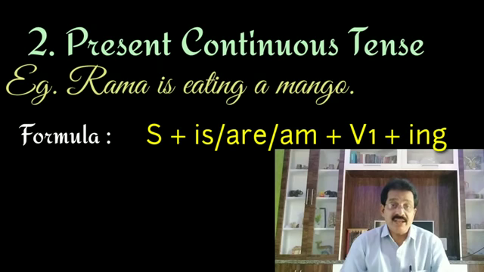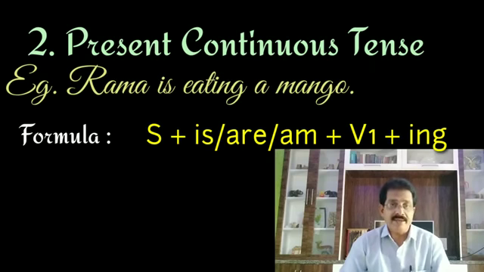Now, is it the only auxiliary verb that can be used in present continuous tense? It depends on the subject. So in present continuous tense, we can use any of the three auxiliary verbs: is, are or am.